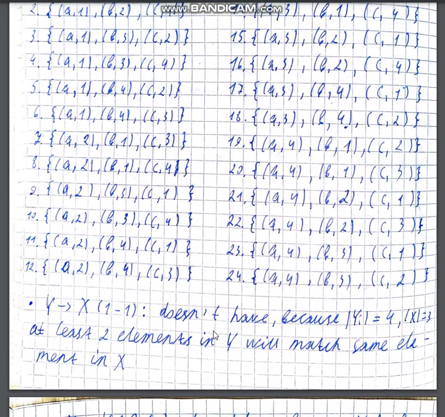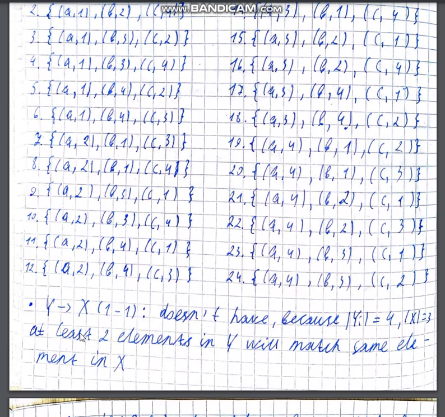And the second part of this A part, from y to x, doesn't have one-to-one functions because the cardinality of y is equal to 4 and the cardinality of x is equal to 3. So at least two elements in y will match the same element in x, so there will be no unique pairs.